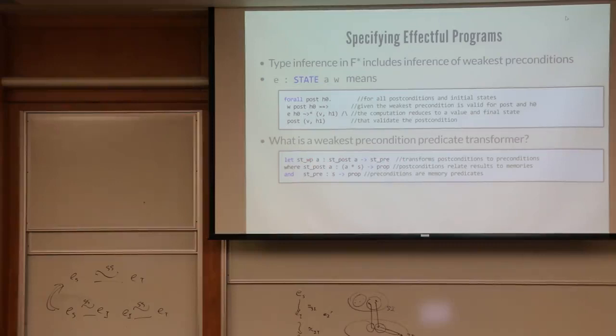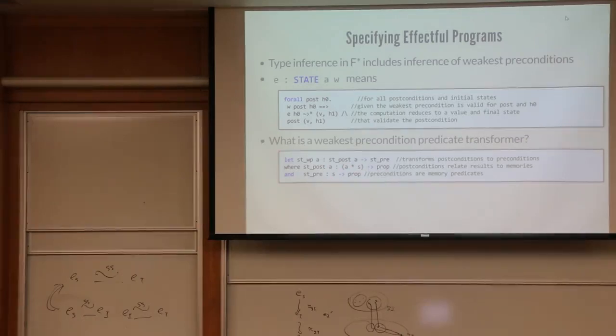That's what weakest preconditions are, from post to pre. Where the postcondition on A is a predicate relating the result to the final state, and the precondition is just a predicate on the initial state. I'll let you stare at that for a minute. Do you have any questions about it?